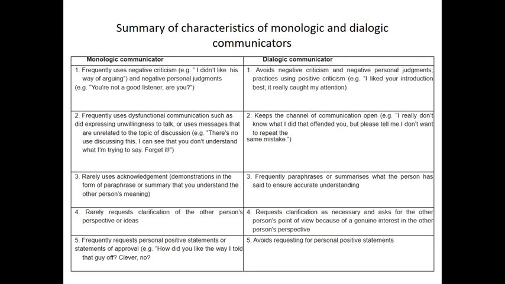So, the summary of characteristics of monologic and dialogic communicators. Monologue and dialogue. Characteristics. So, it is summarized here: monologue, dialogue. Under the monologue, frequently uses negative criticism and negative personal judgments.